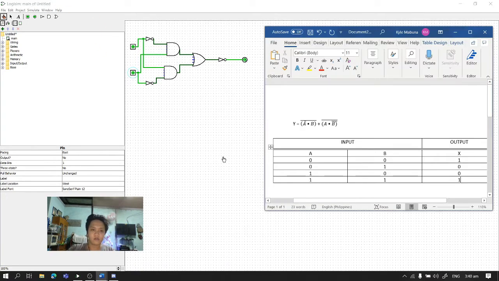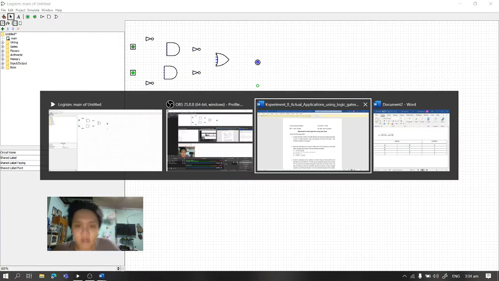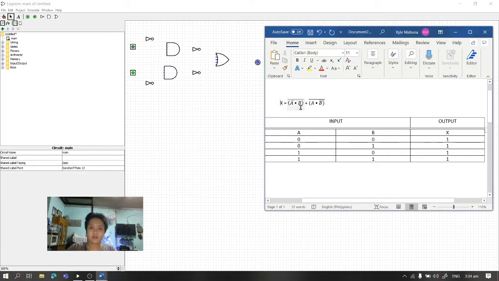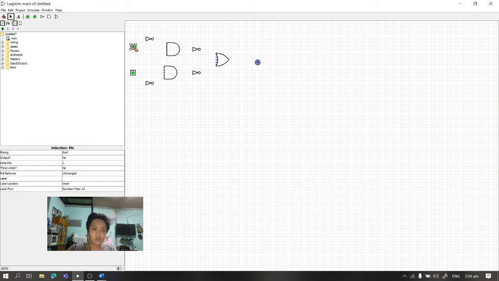For the next one, X is equal to not quantity A, quantity not A, plus quantity A plus quantity not B. We should connect the circuit first.